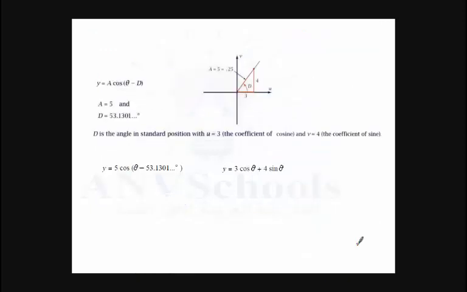With your grapher, we will prove that y is equal to A cosine of theta minus D will equal a certain mixture of the sinusoidal functions.